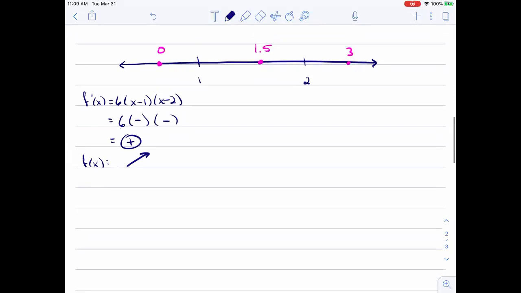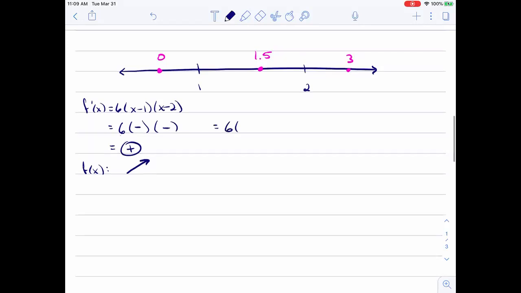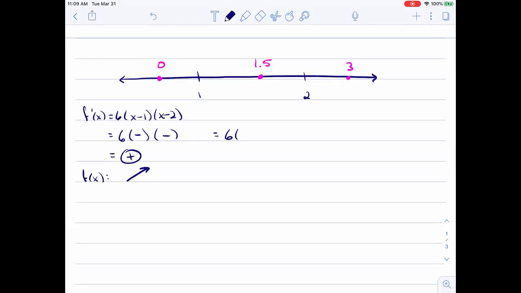So here, in the next interval, between 1 and 2, we've got 6 times, let's use 1.5 as a judge. 1.5 minus 1 is a positive number. 1.5 minus 2 is a negative number.